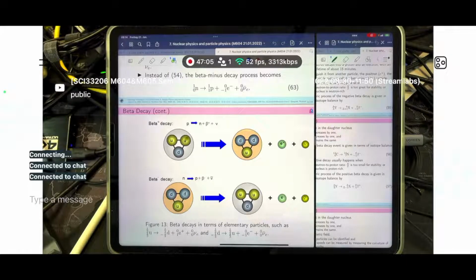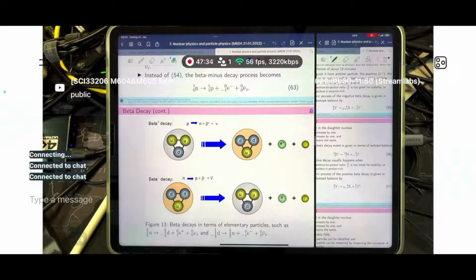But for us in high school, it's already in very deep detail once you know the up quarks and the down quark form the proton. And the neutron consists of two down quarks instead of two up quarks, and one up quark here. Okay, and as you know, this one has 2 by 3, this one is negative 1 by 3, and once you combine, the charge is going to be 1.